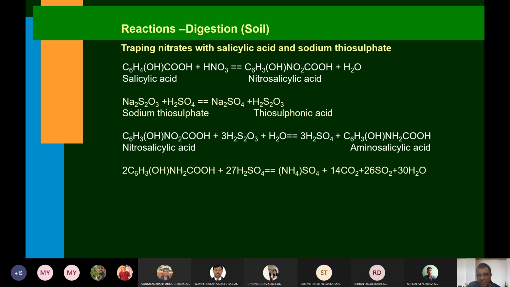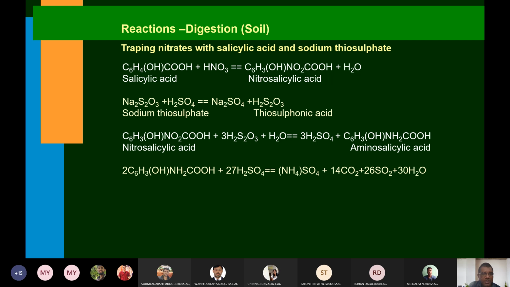In that soil, you have nitrate, and this nitrate will react with salicylic acid. This salicylic acid was mixed with the sulfuric acid; sulfuric acid contains salicylic acid. Already you made this reagent. So it converts nitrate into nitrosalicylic acid.